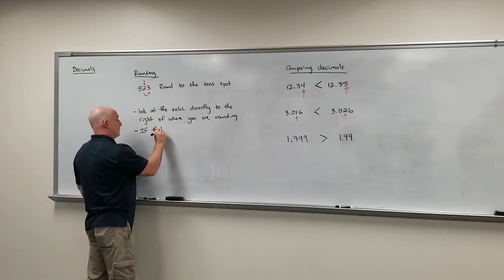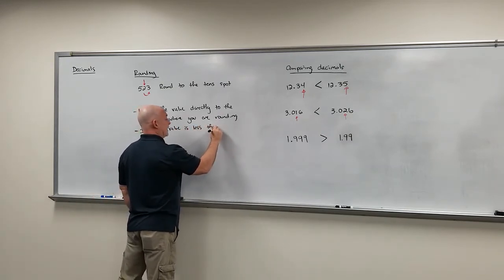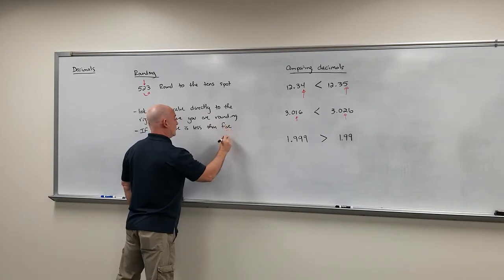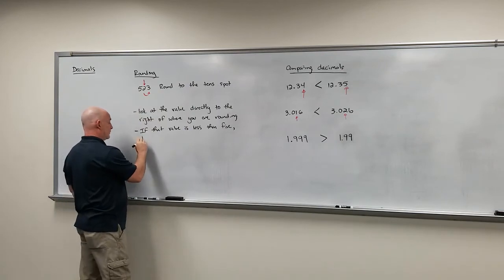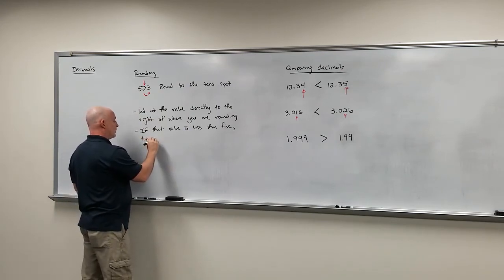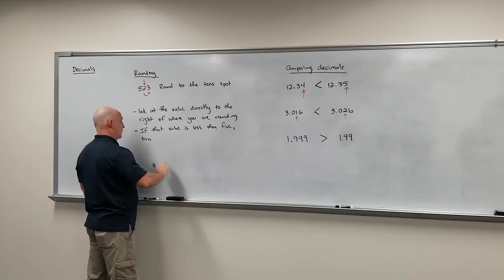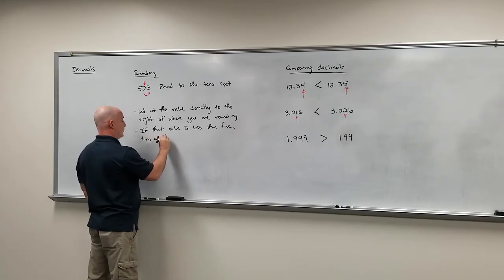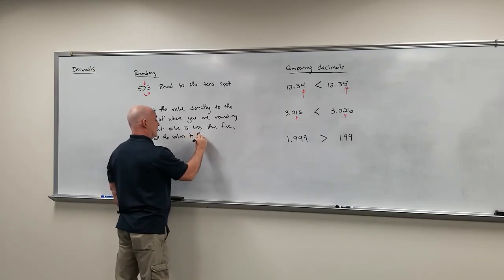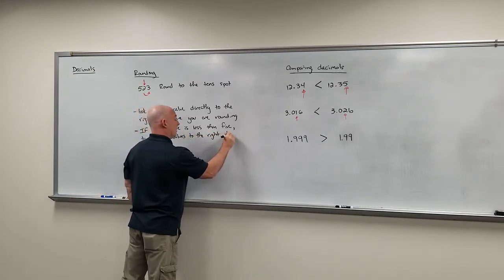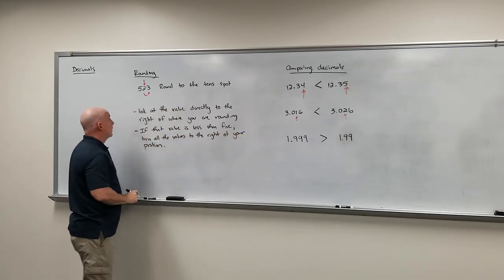If that value is less than 5, turn all the values to the right of your position into zeros.